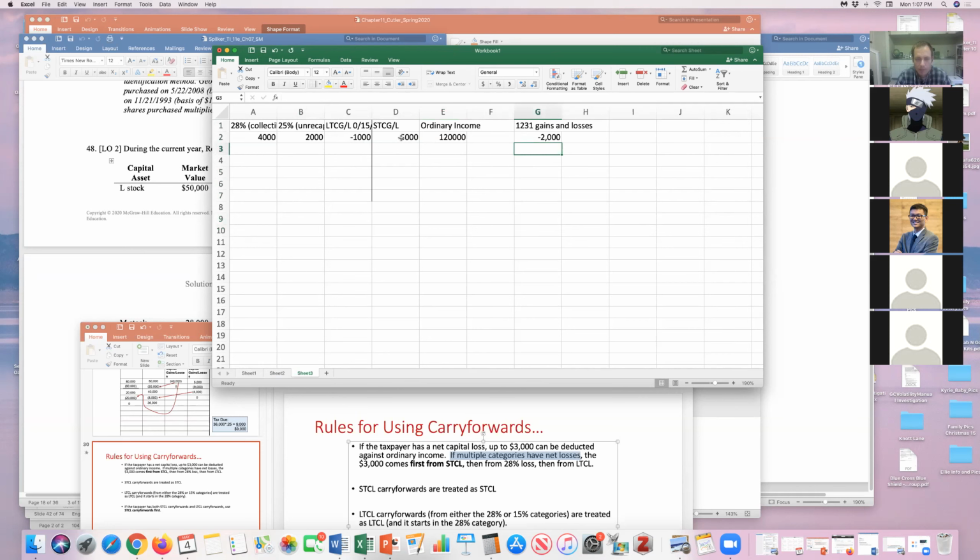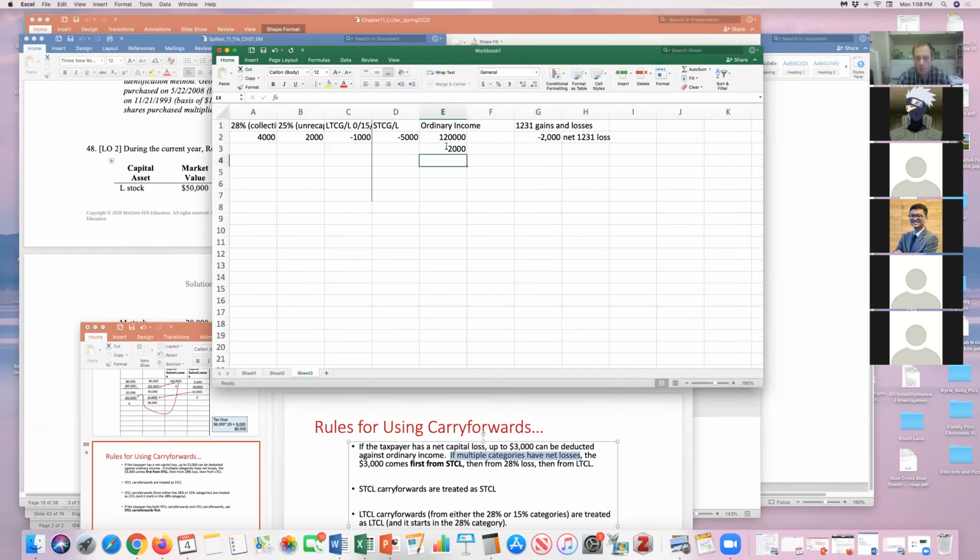What if I had all this and all I had was a $2,000 1231 loss? If I don't have any other gains here, I'm just going to have a net 1231 loss. So if I have a net loss, I get to put it here.